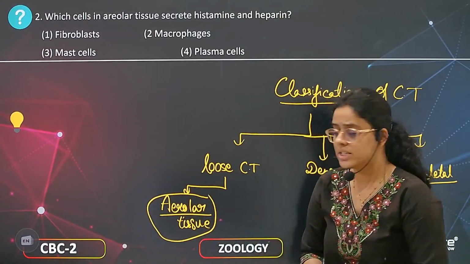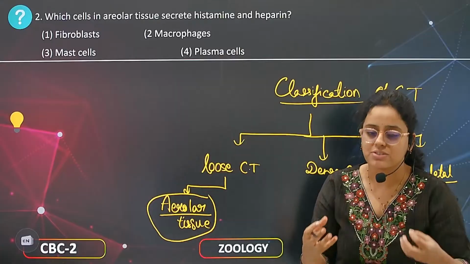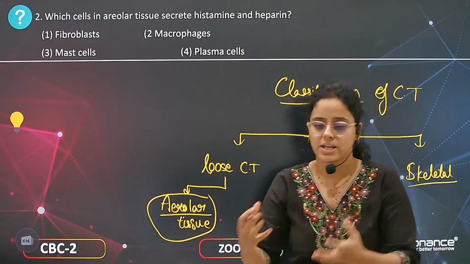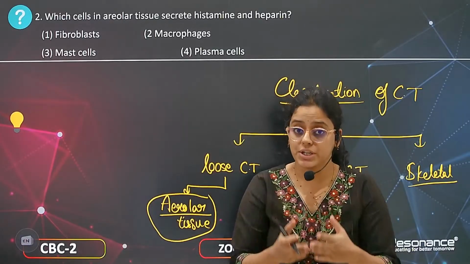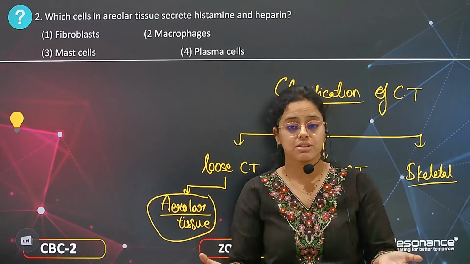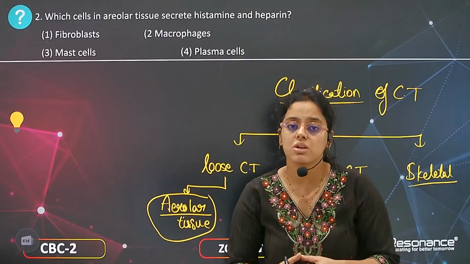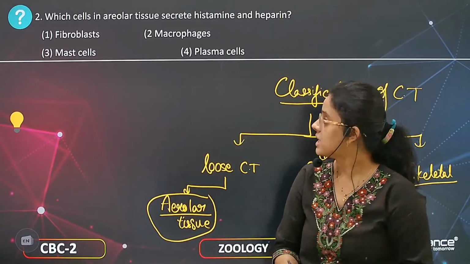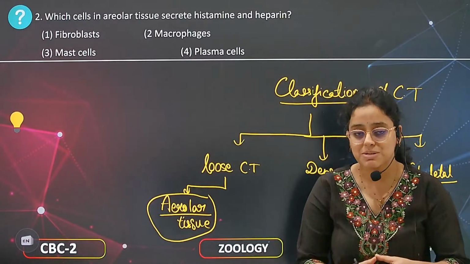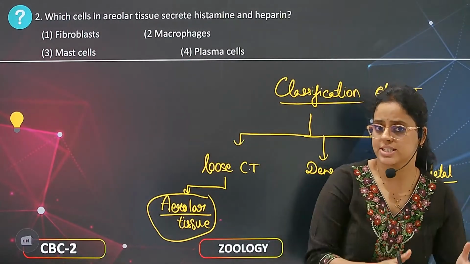And what does it consist of? It consists of matrix made up of mucopolysaccharides, and it consists of fibers, collagen fibers, reticulate fibers and elastin fibers, and it consists of cellular components. These cells are fibroblasts, mast cells, macrophages, plasma cells that we have discussed yesterday.